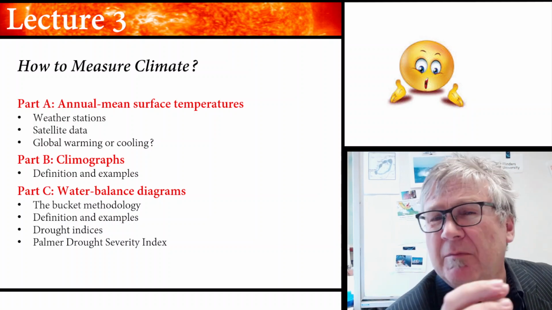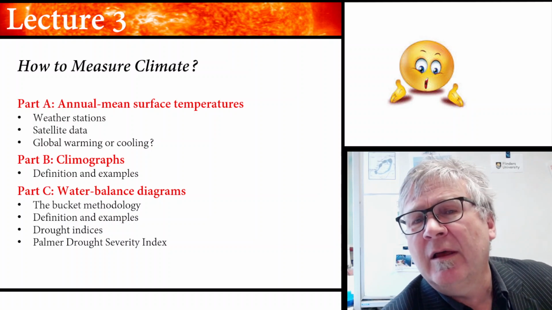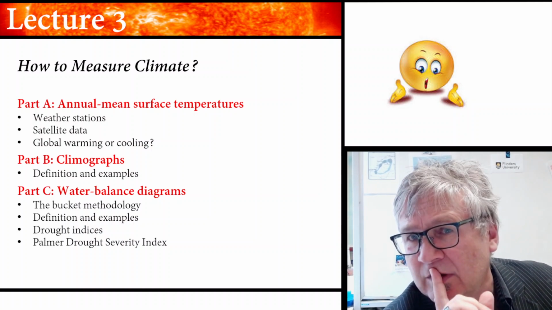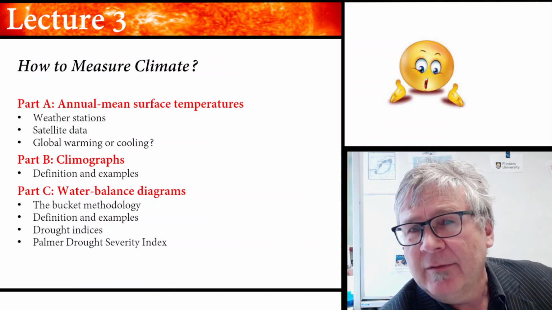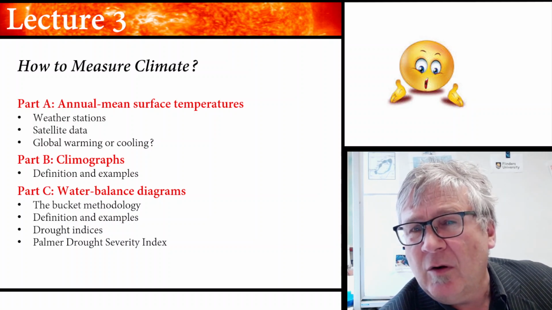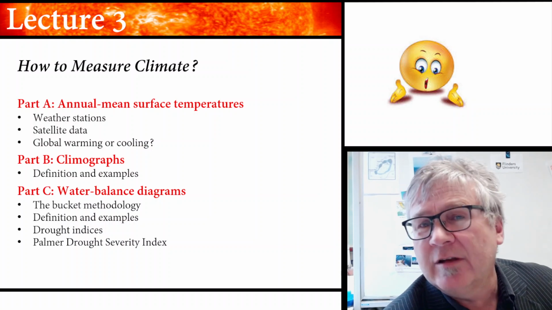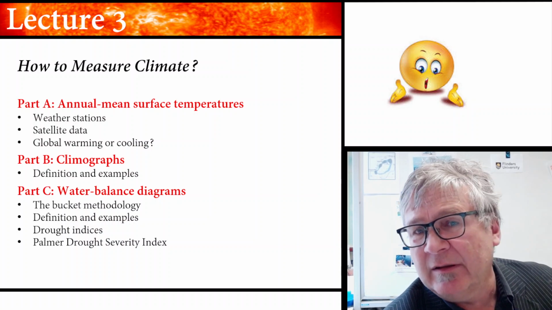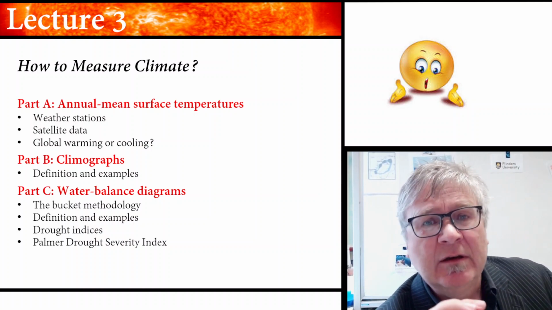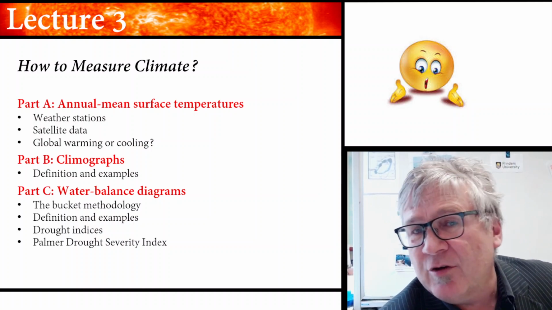In part C, we focus a little bit more on the soil conditions in an area, because we look at the water budget. Okay, so how long does that region stay humid as opposed to dry conditions?